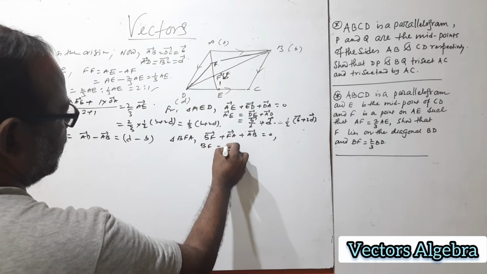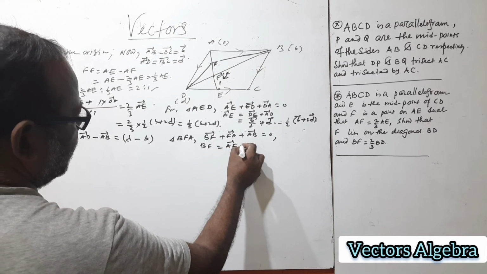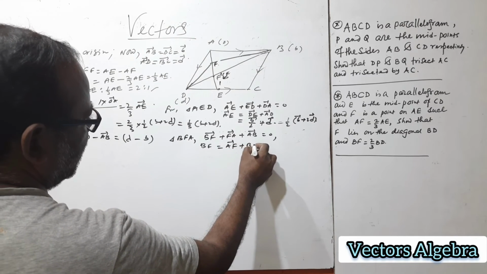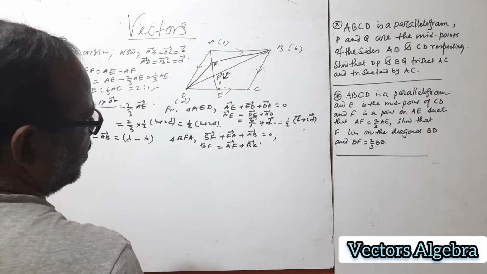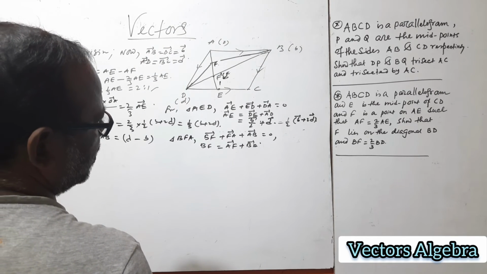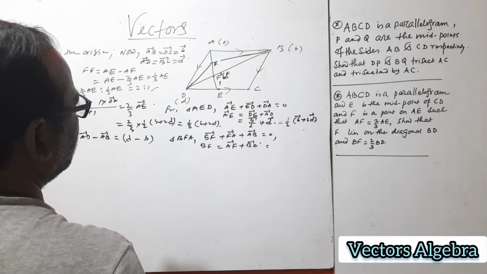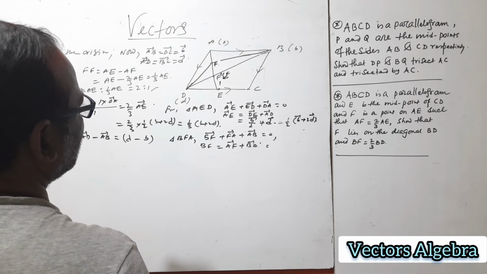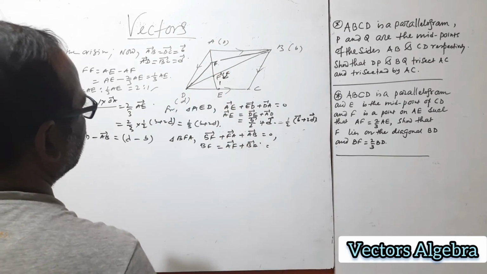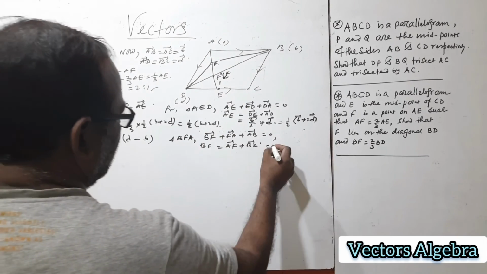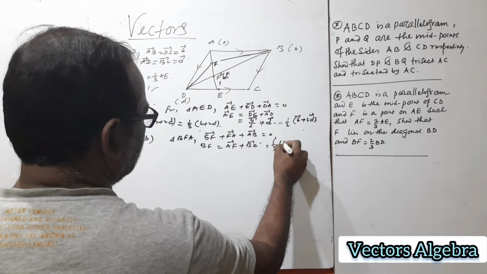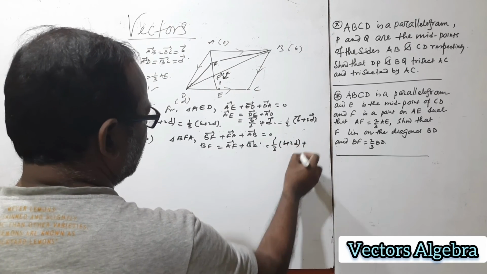So BF is equal to AF plus BA. This is AF, the position vector of F. F is equal to 1/3 of b plus 2d.